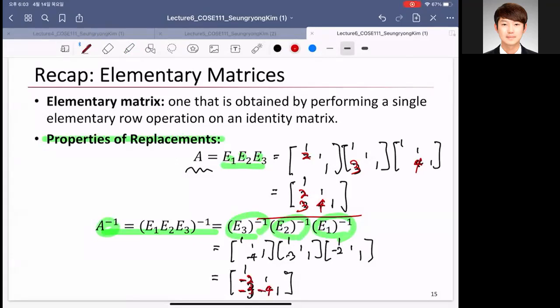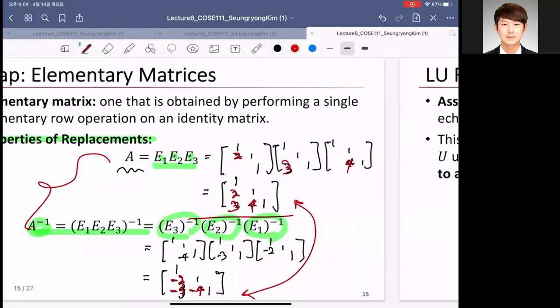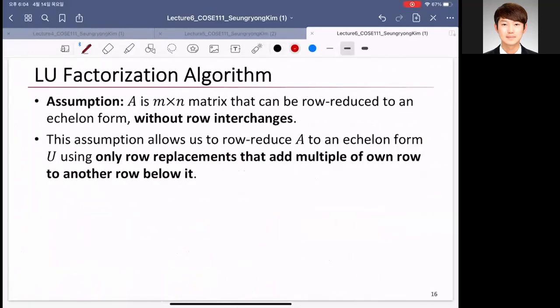Right? So when you consider the sequence of products of elementary matrices, the relationship of the original matrix A and the inverse of matrix A looks like this. This is the property. We will use this property to derive our LU factorization. Okay? Any questions so far? Any question? No?